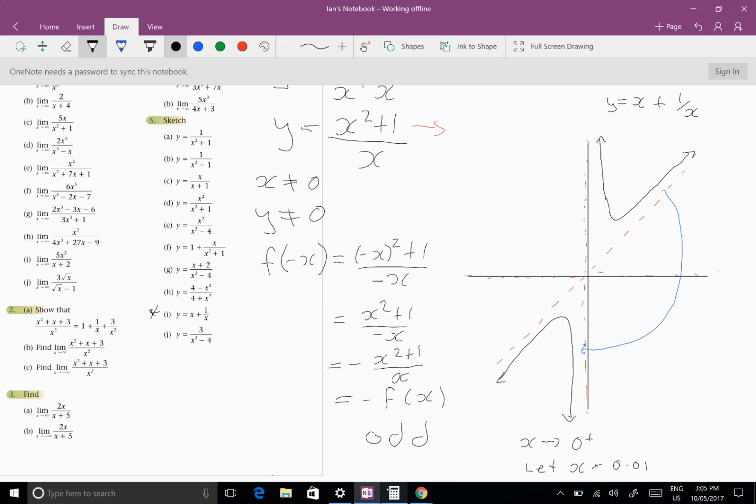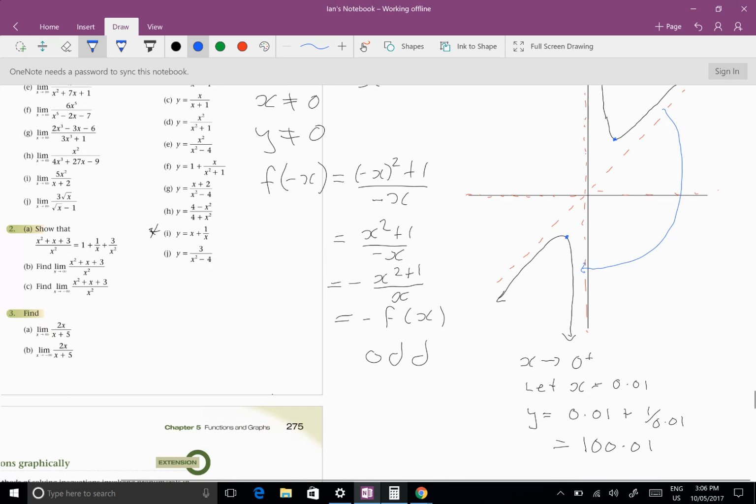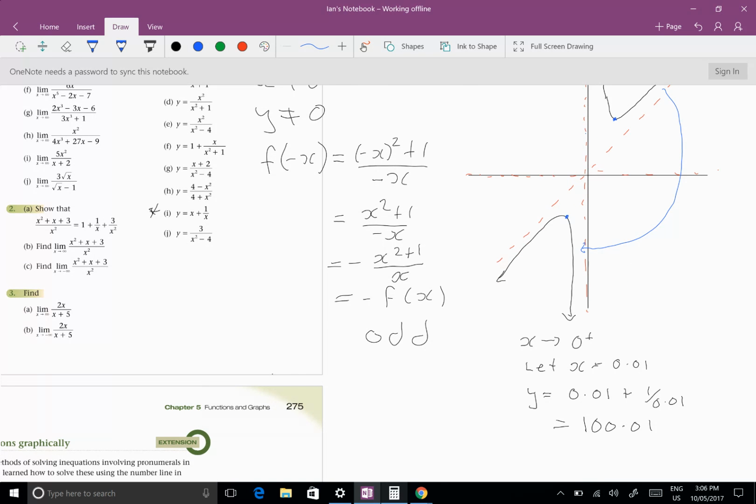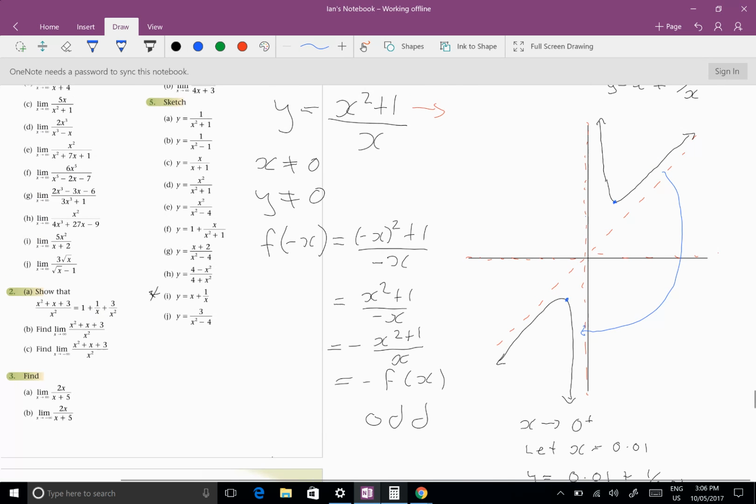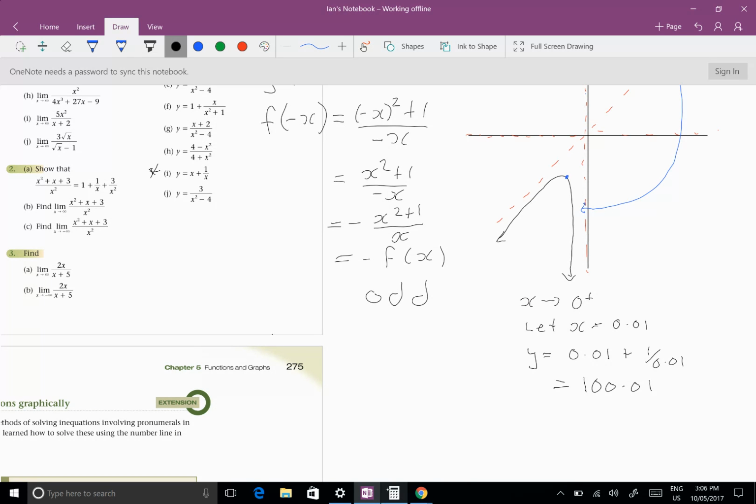Now, it could be important to find where this thing sort of turns around, but we're not up to that yet. We could keep guessing and keep picking values. Remember, you can keep picking values. I did 0.01. If I wanted to, I could pick a few values here. So I could pick 1 for x, and I'd get 1 plus 1 on 1, which is 2. I could pick 2 for x, and I get 2 plus 1 on 2, or 2.5.